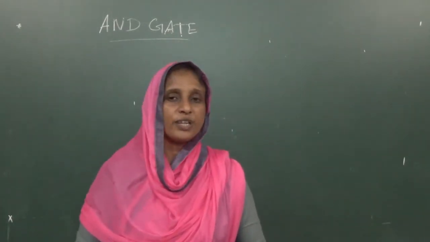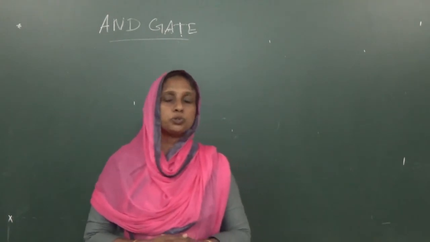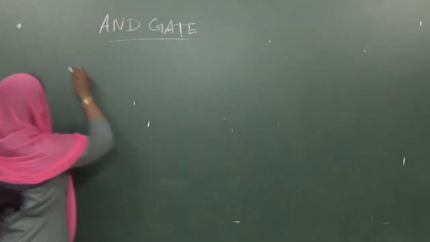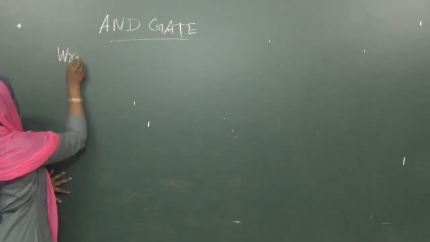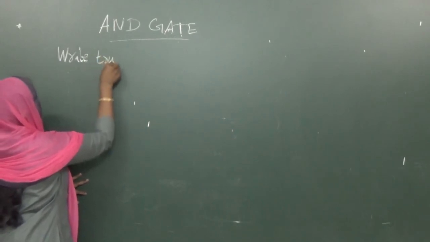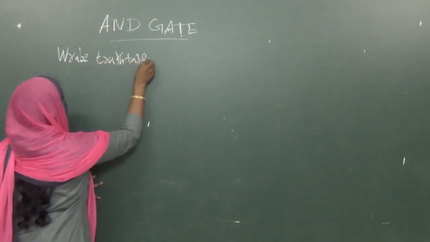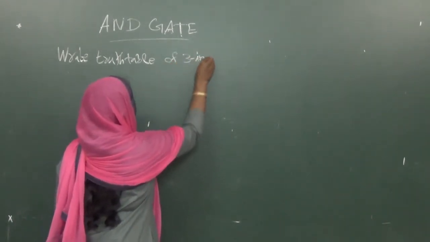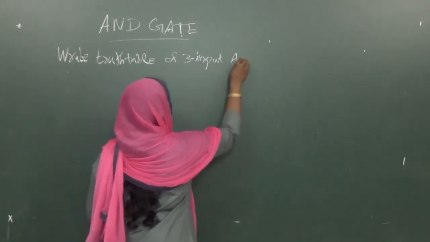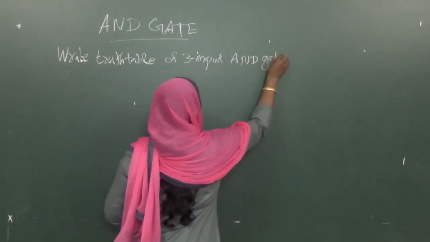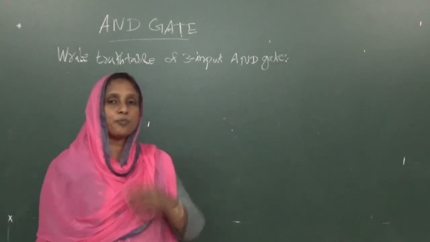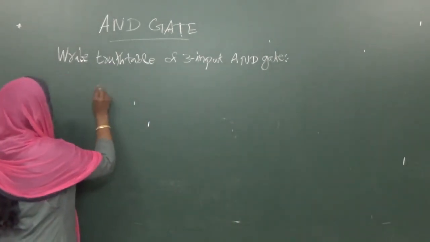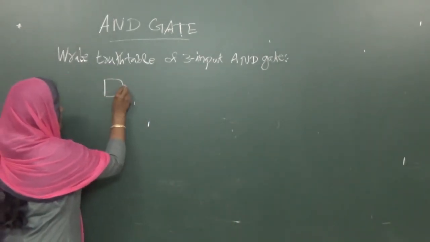Now we can try to write the truth table of an AND gate with 3 inputs. So symbolically we can draw this as, this is the AND gate, we already learned it.